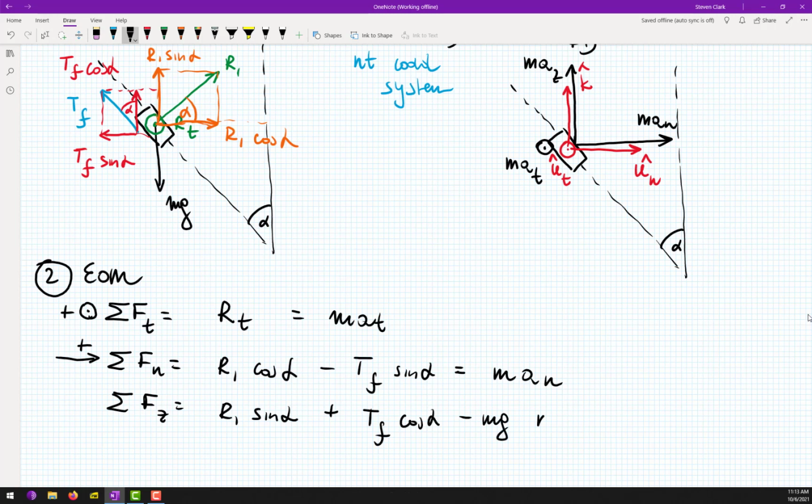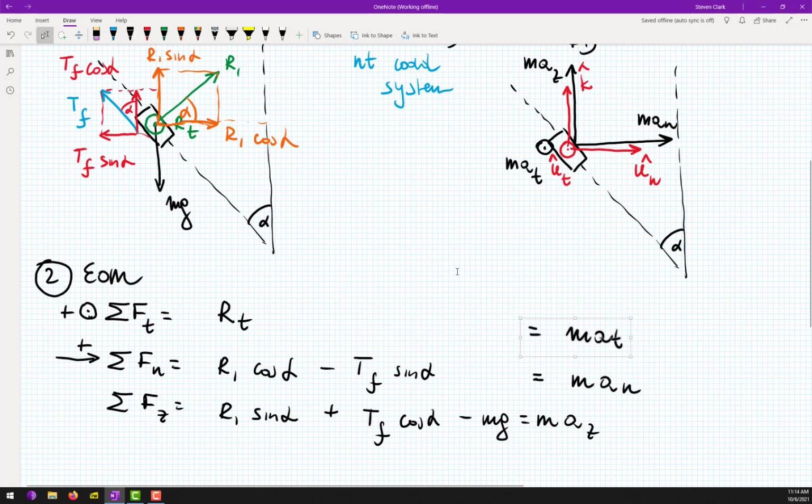Minus mg equals MAZ. Great, we are done with our second step. I like when the equality signs are aligned, you know.